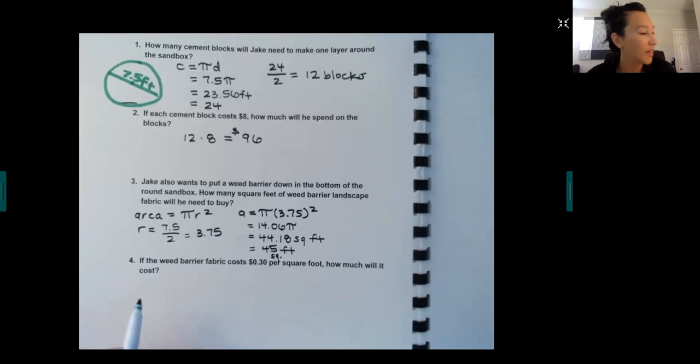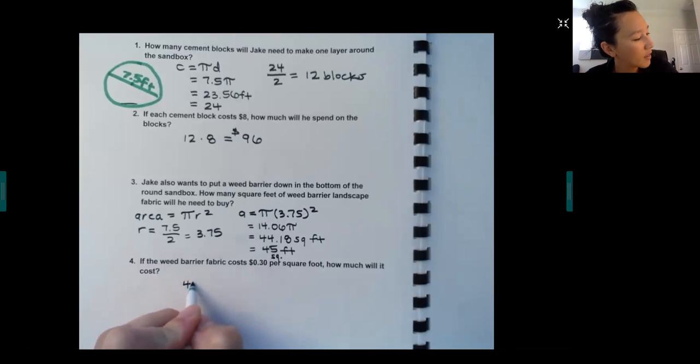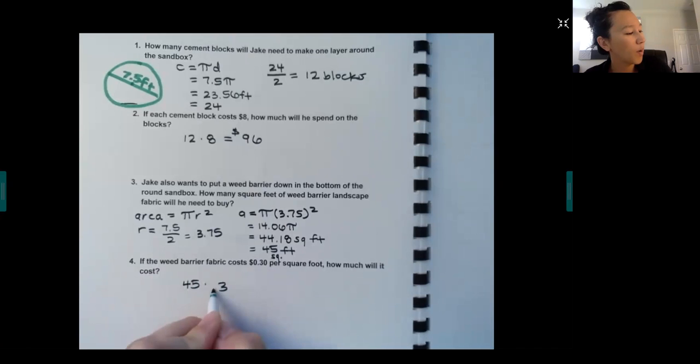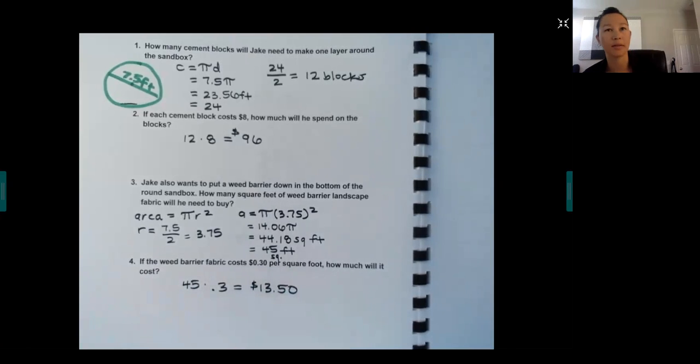So we got a couple different answers. So let's see. If it costs 30 cents, we have 45 square feet, we would just multiply that times the cost, which is 0.3. And when we do that, we get $13.50.